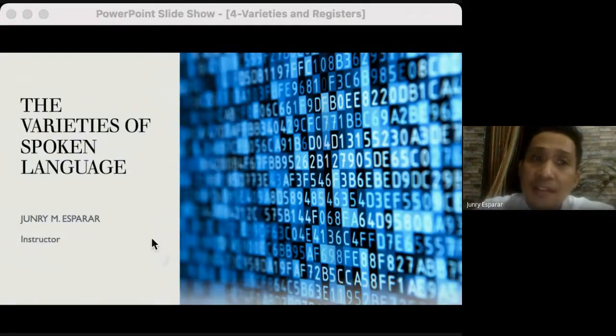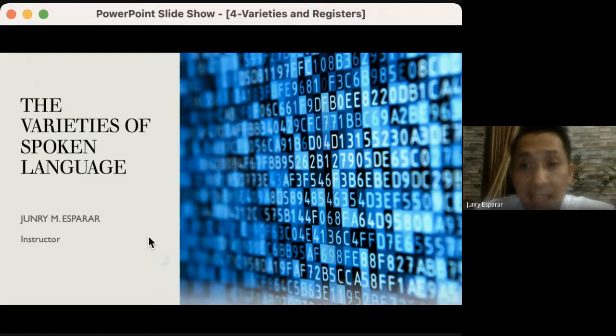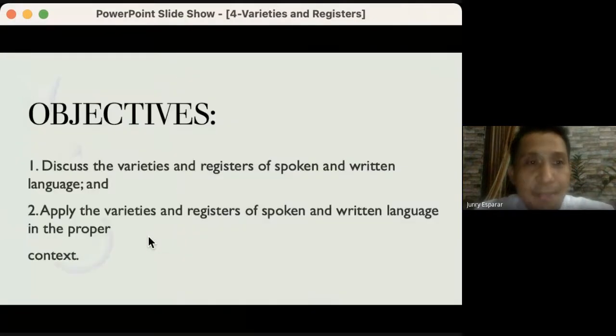And that's part of the varieties of spoken language that we are going to study tonight. So there are two objectives in tonight's class. One is to discuss the varieties and registers of spoken and written language, and apply the varieties and registers of spoken and written language in the proper context.